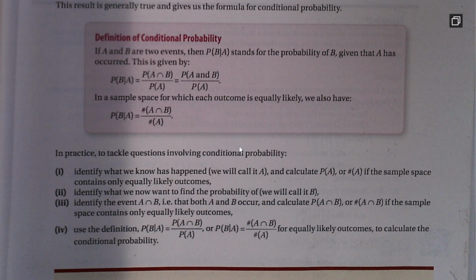That's a conditional probability. So here we work out the probability of getting a 2, and then the probability of A intersection B, a 2 and it's even, and then we find the probability of getting an even number given that 2 appears on the dice.